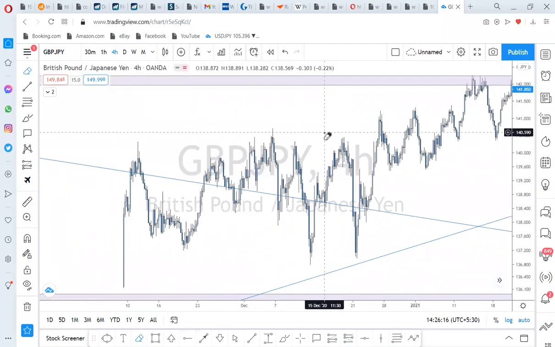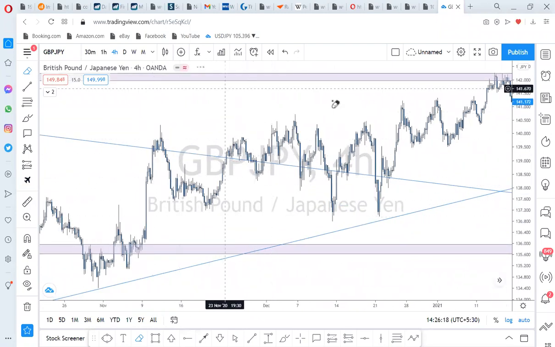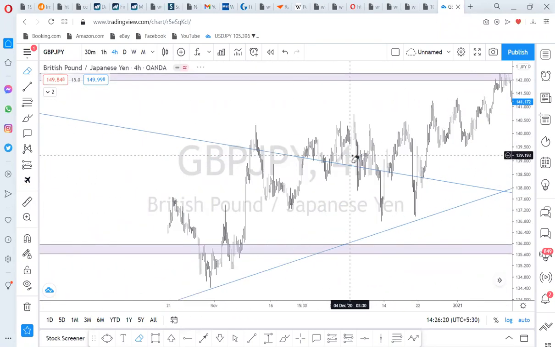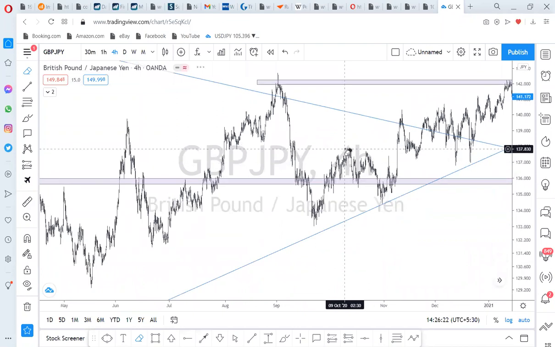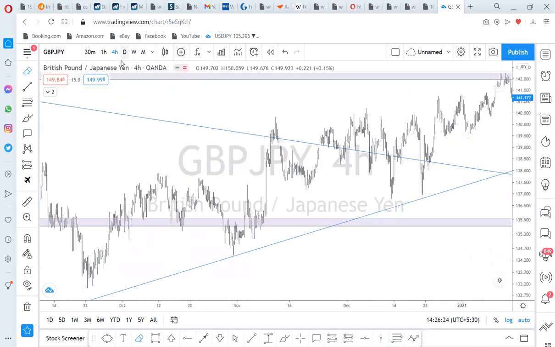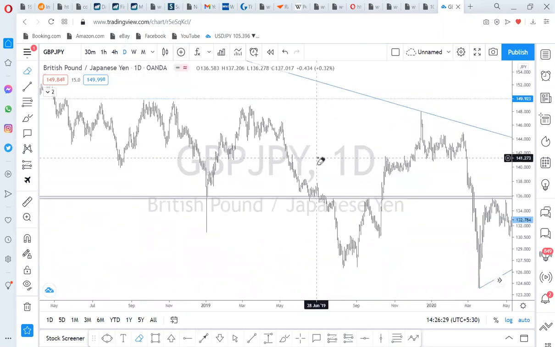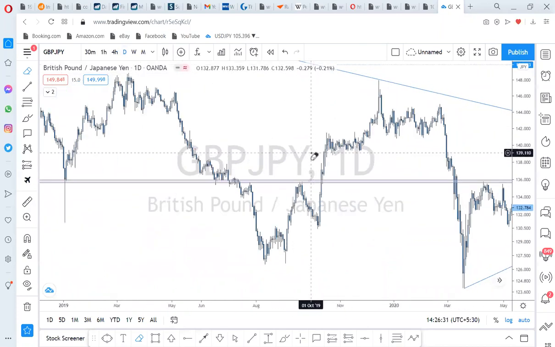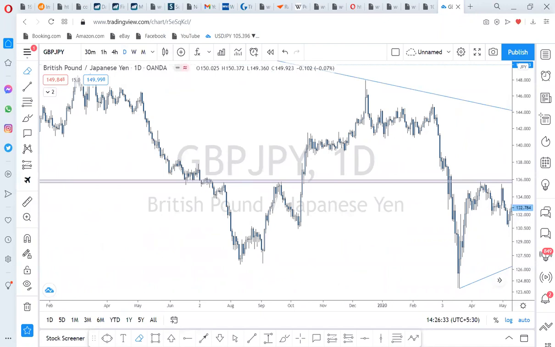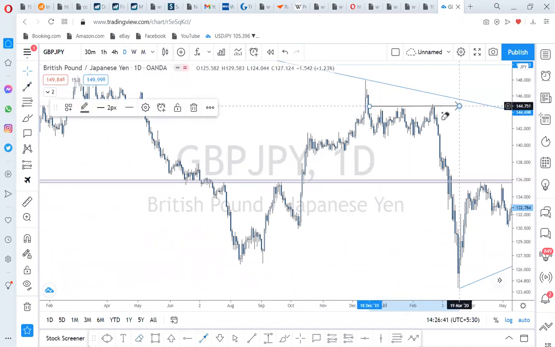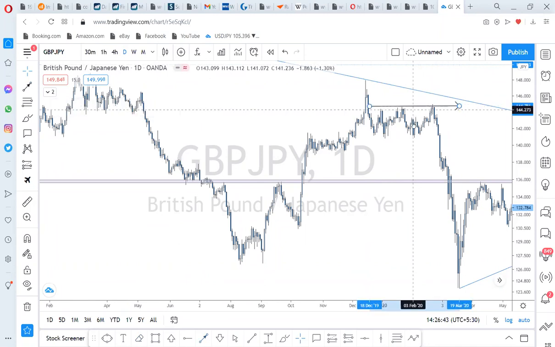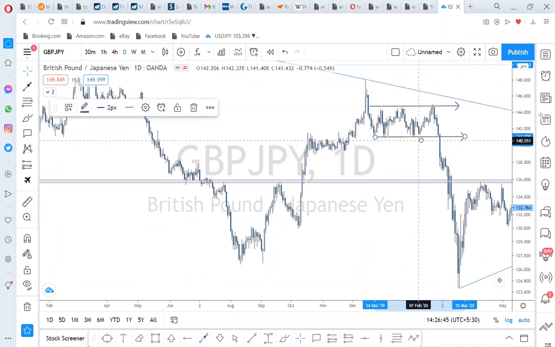We see over here, the market was clearly in a range. And whenever the market is in a range, guys, just wait and see the breakout of it, and see where it will probably come and retest.